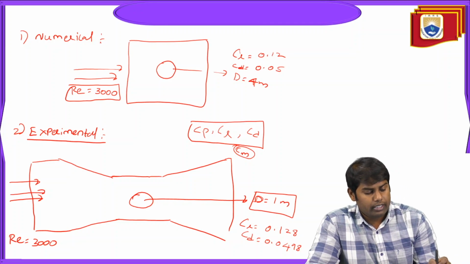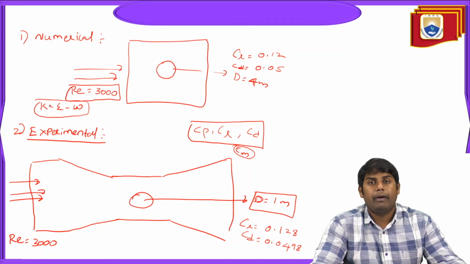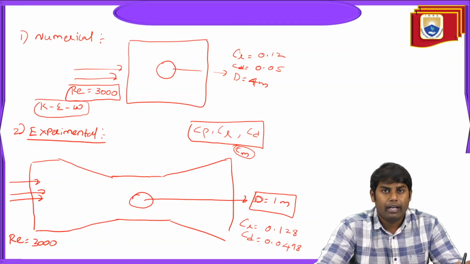Let's say you have the turbulence models k-epsilon, k-omega, and RNG, if you use RANS. These are the parameters which simulate the turbulence and the intensity of turbulence using numerical techniques.